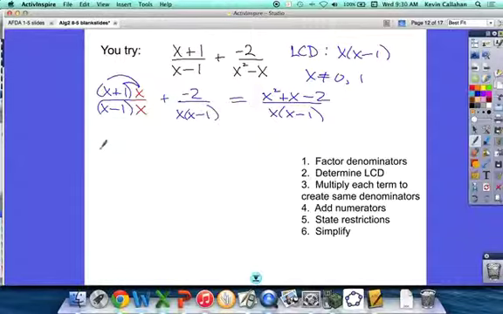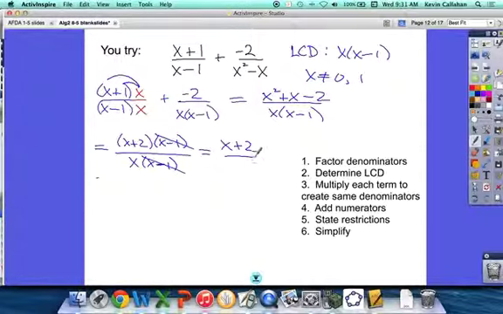So this is going to be x plus 2 times x minus 1 over x times x minus 1. So in fact, there is going to be something to simplify here at the end, because there's an x minus 1 factor in the numerator and denominator. So cancel, cancel. And the answer is x plus 2 divided by x.